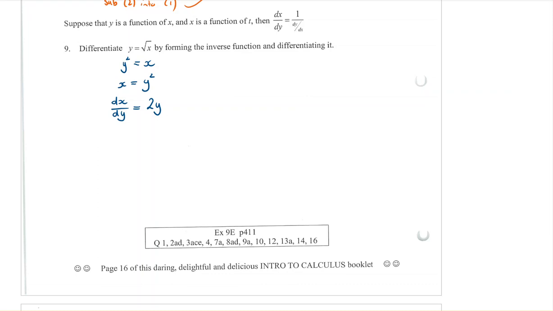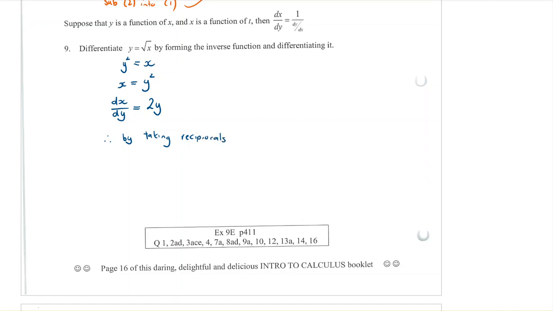But I don't want dx over dy, I actually want dy over dx. So I'm going to find that by taking reciprocals.